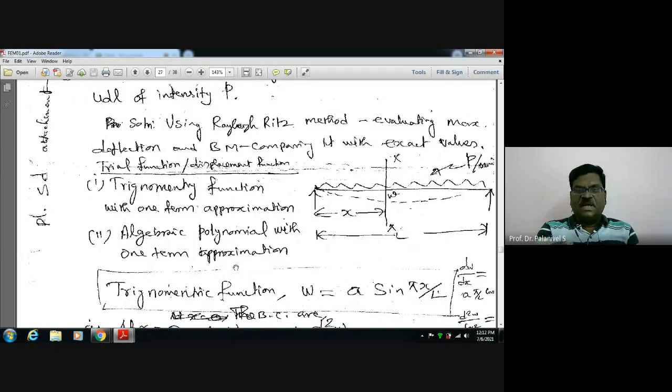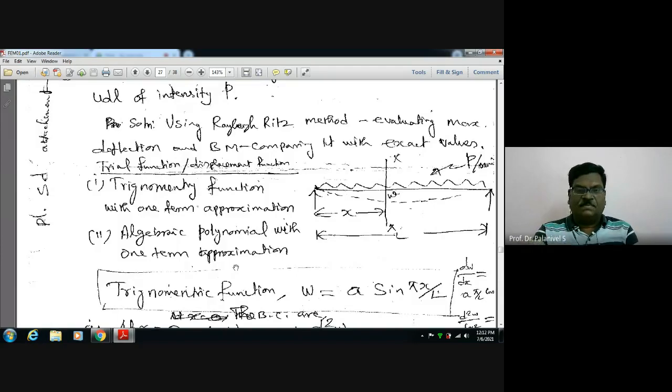For simplification, I started with one term to tell you the method. If you choose more independent functions and combine them with unknown parameters, your solution will be more accurate, but the computation will be somewhat more complicated.